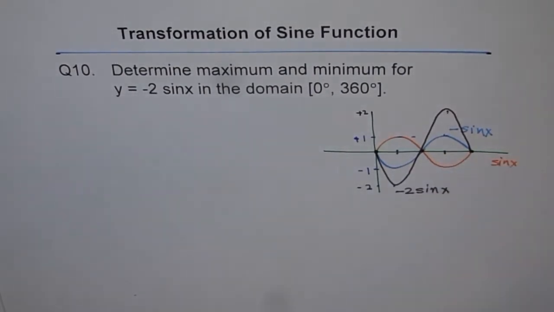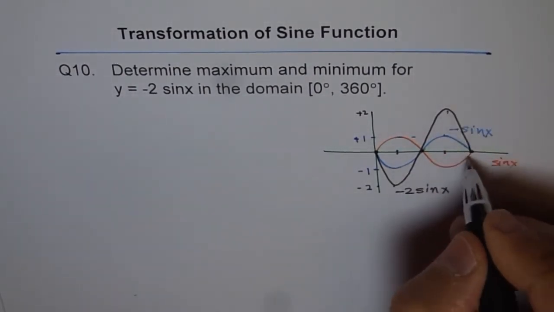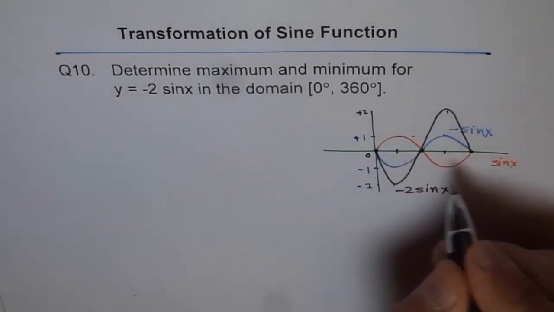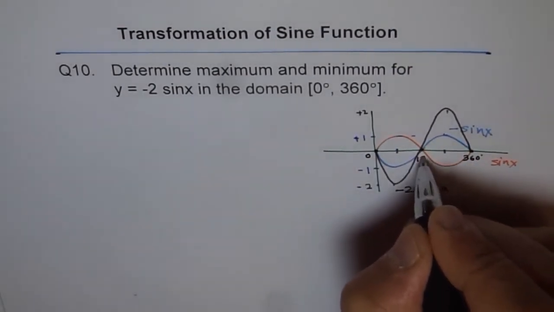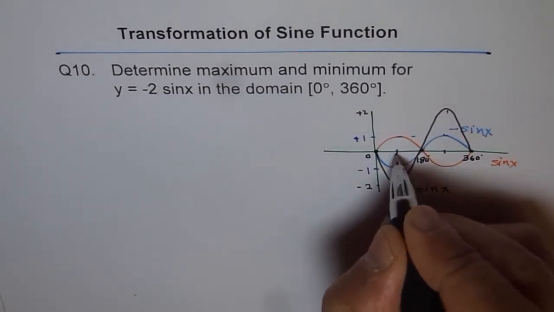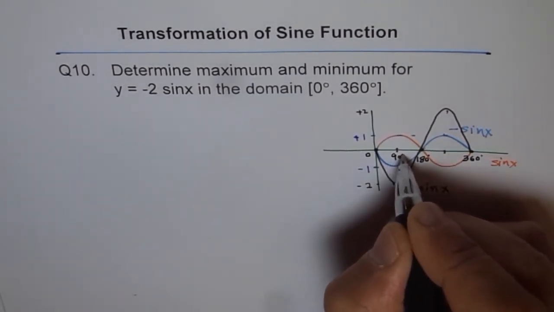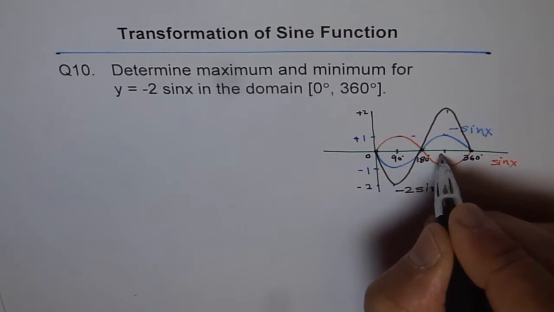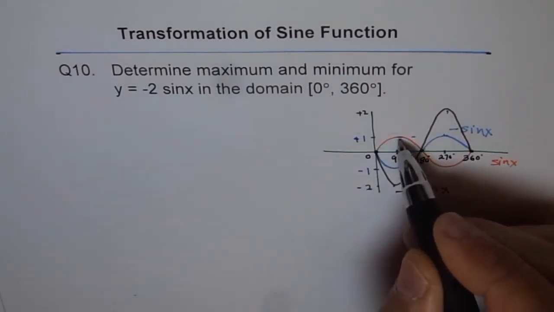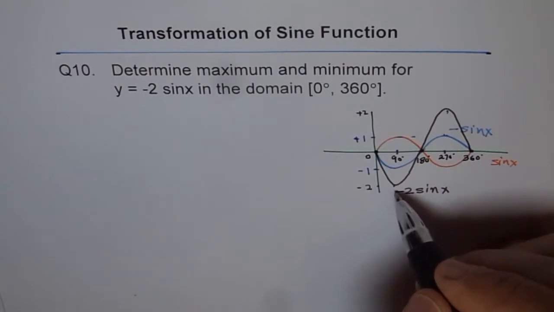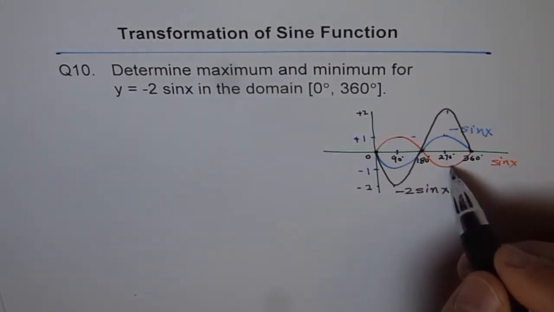We have 0 here, 360 degrees, one wave we have drawn, that is 180 degrees. The maximum was at 90 degrees. Earlier minimum was at 270 degrees. Now because of the reflection, maximum has become the minimum and minimum stretched and become maximum.